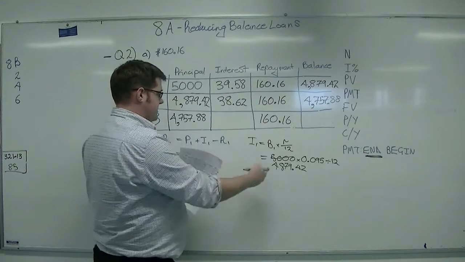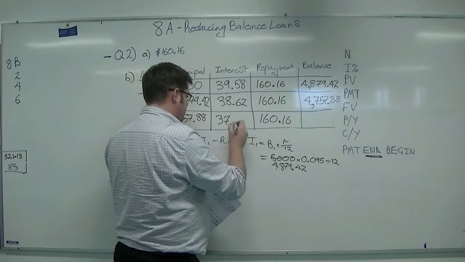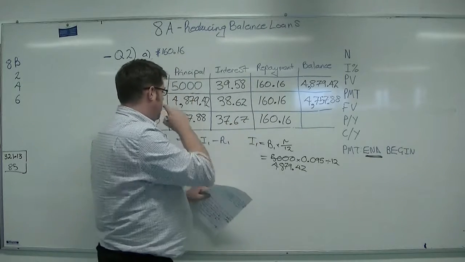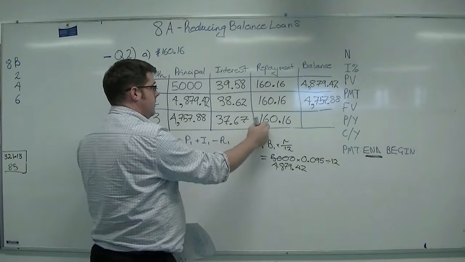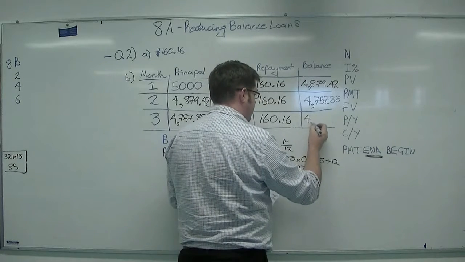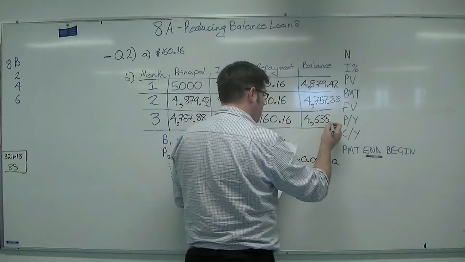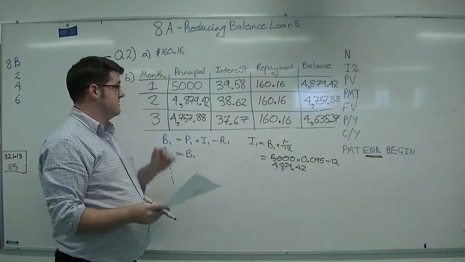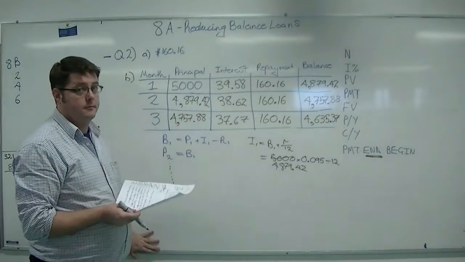And the interest, using the same concept again, is $37.67. Now, the principal plus the interest minus the repayment for this final cell is $4,635.37. So there we go, that's how we tackle question 2b.